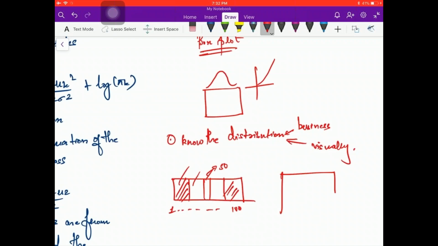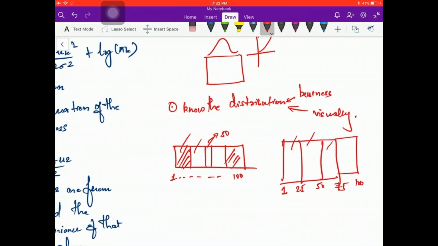First, second, third, and fourth. So let's say 1 to 25, 25 to 50, 50 to 75, and 75 to 100. I'm just taking a basic example. You have just arranged the data in ascending order of sorting.